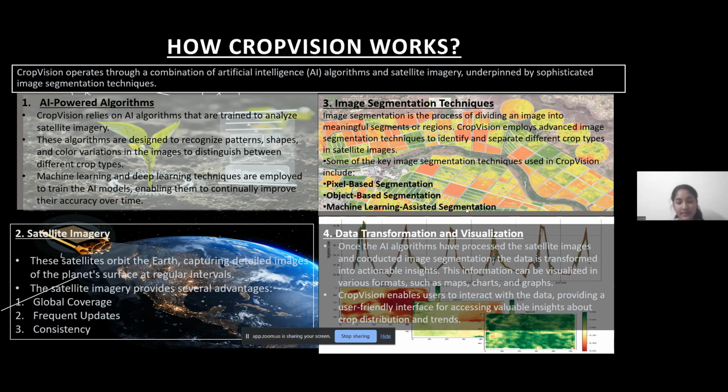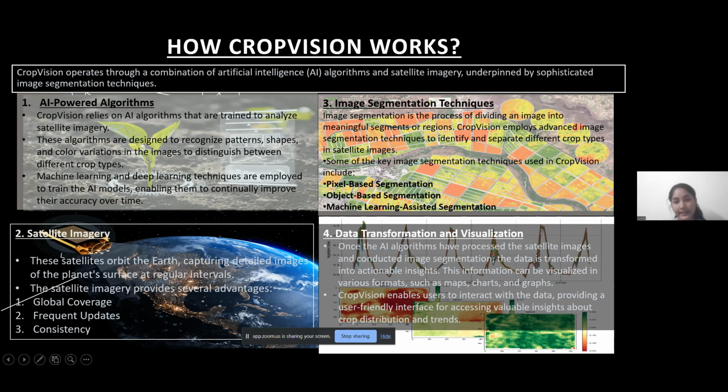Object-based segmentation, instead of analyzing pixels individually, groups neighboring pixels into objects and regions, making them easier to identify. Machine learning assisted segmentation applies machine learning models to the segmented images, allowing for improved accuracy and reducing false identification.